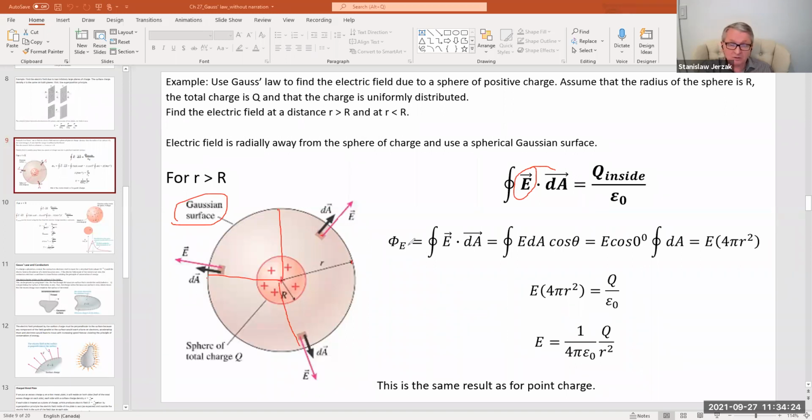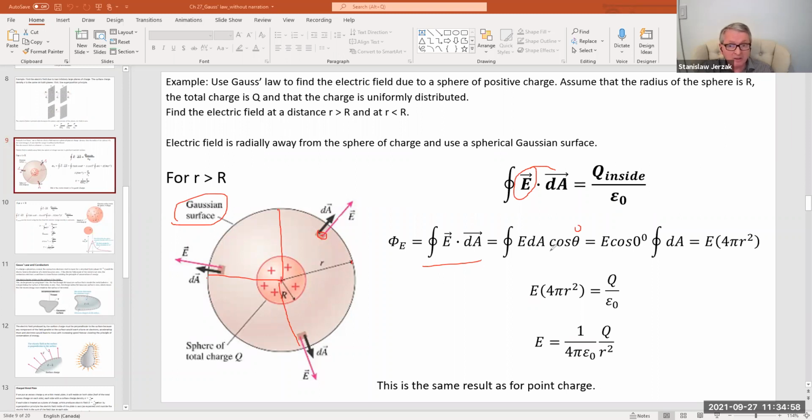So let us evaluate the flux of electric field through that spherical surface, given by this integral. The dot product, E dot dA, will be E dA cosine 0, because the area vector dA is perpendicular to the surface, which means it is parallel to the radial direction, and so parallel to electric field, at every point on that surface.